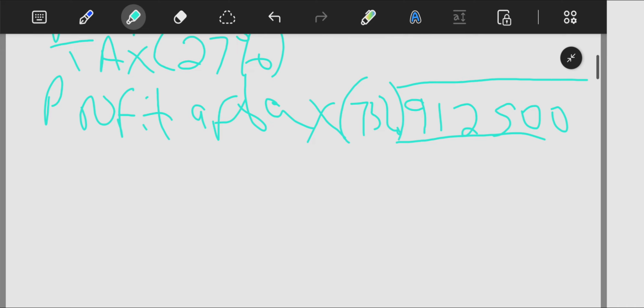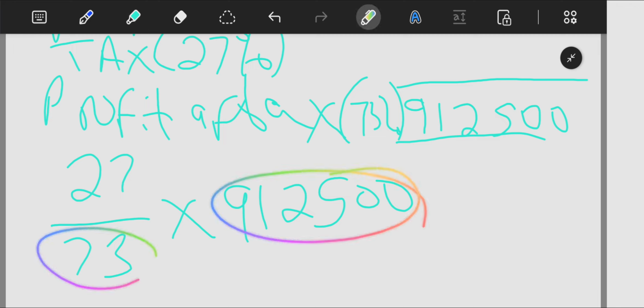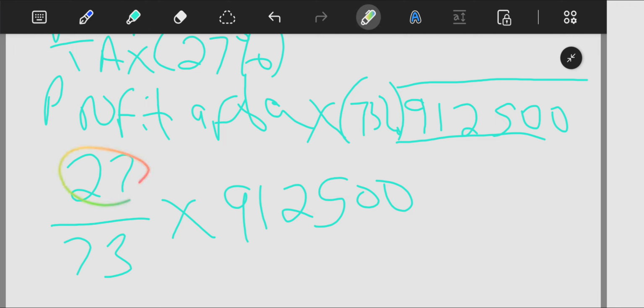What we need, we put on top, divide by what we have, multiply by the figure that we want to calculate the amount for. The figure that we have is represented by the denominator, and then we put the numerator here.